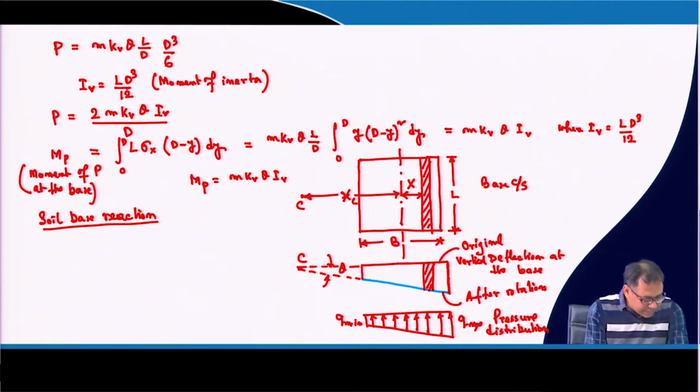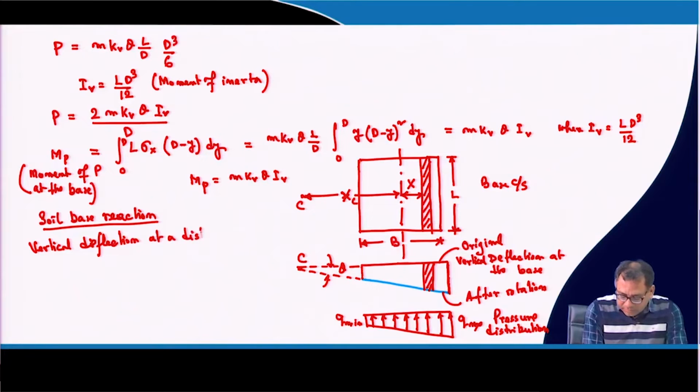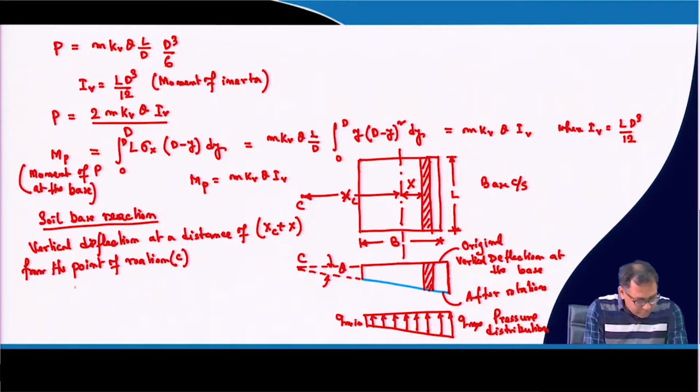So, the vertical deflection at a distance of x c plus x from the point of rotation, this is from the center, will be how much?